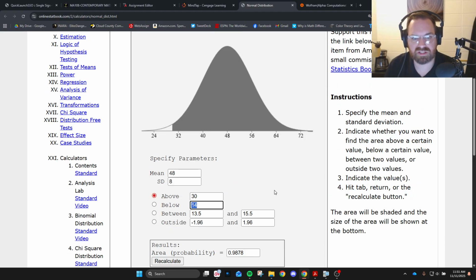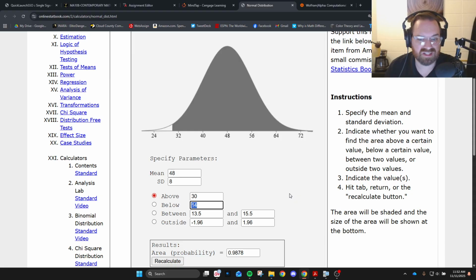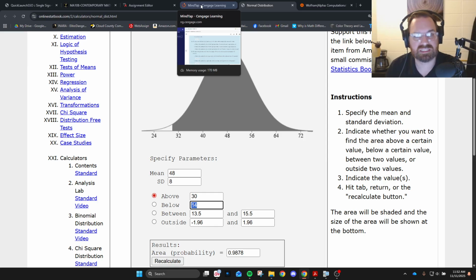So above 30 inches, 98%, again, percentage, the probability, 0.9878. 0.988, something like that. Three digits or four digits, I don't know exactly how far you want to go out, but a 98% chance. That's a fairly high likelihood that Vail is going to get that much snow.